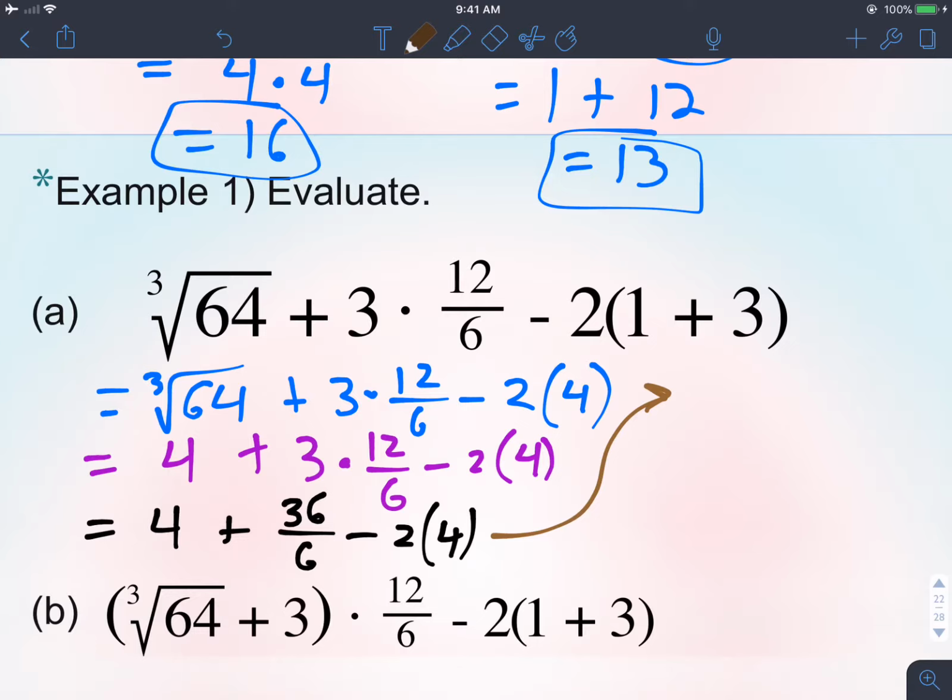Also let's do 2 at once. Do 2 times 4. 8. Yeah. Very last thing. Go ahead, put them all together.